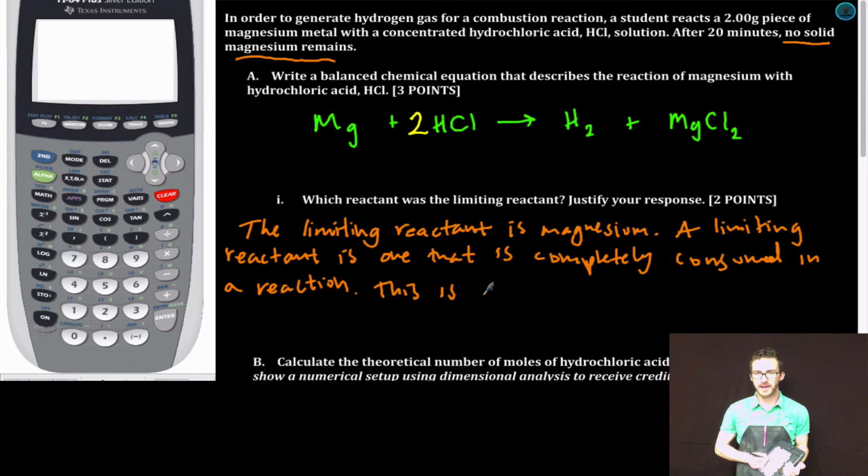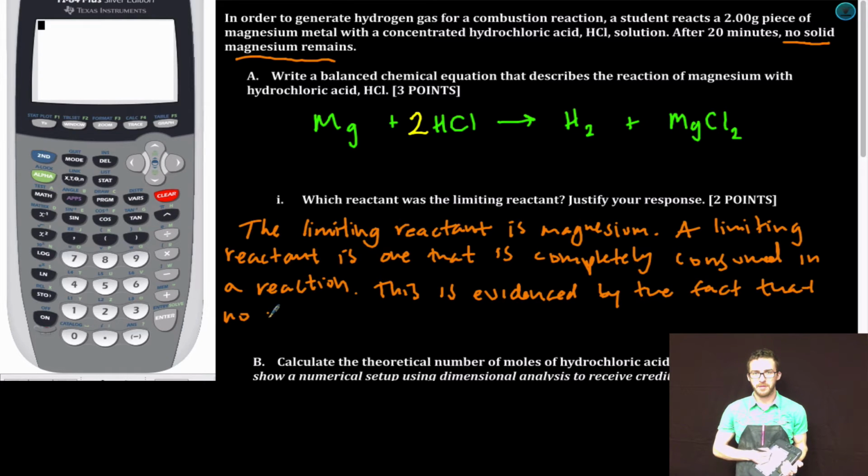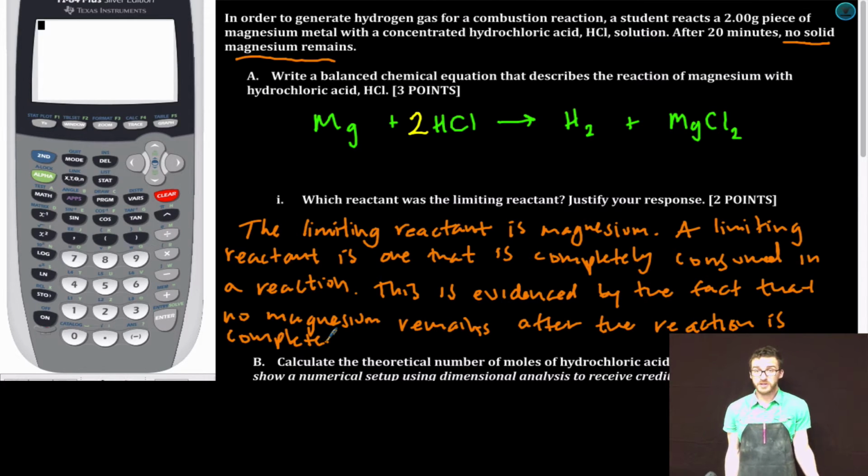This is evidenced by the fact that no magnesium remains after the reaction is complete. Again, if after the reaction was complete there was a big old chunk of magnesium, we would know that it's the HCl that was limiting.